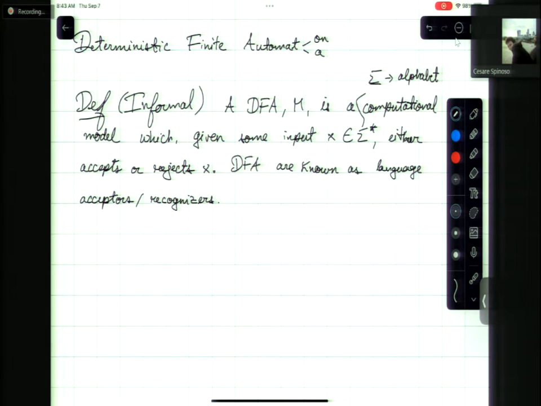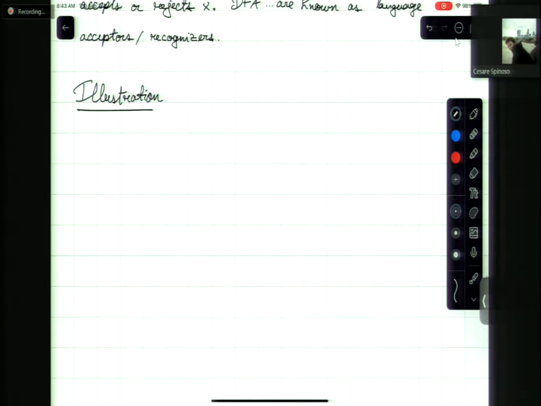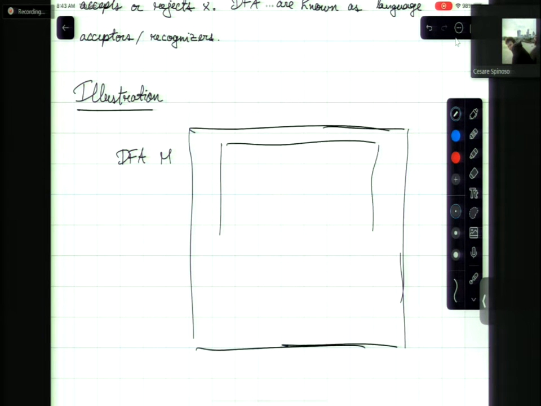Okay, so what's an illustration of this informal idea? So like I said, we're going to do concrete examples in a second, but I think it's good to give you a high-level idea first. So a DFA M, which I'm going to represent with this box here, is comprised of a control unit.